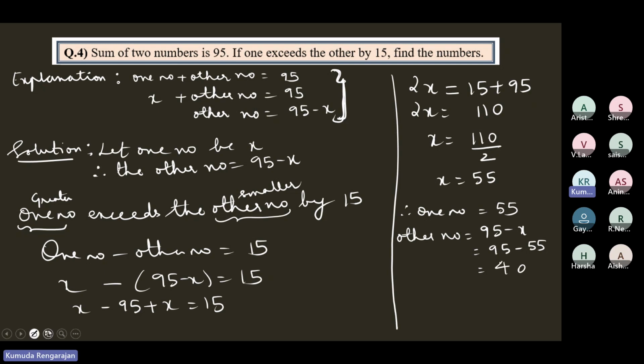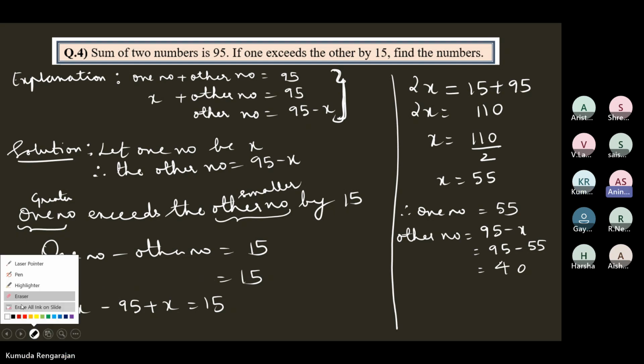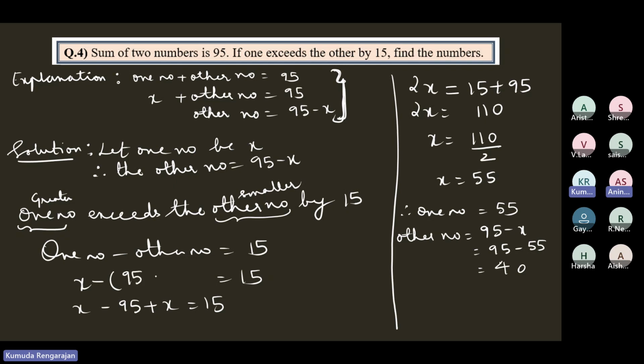Write down, children. I'll just write this neatly. Ma'am, should I write the second method as well? Yeah, you can. We can write that one number exceeds the other number. You can just underline or use brackets like I've used and write it on top of that. Yes, you can.